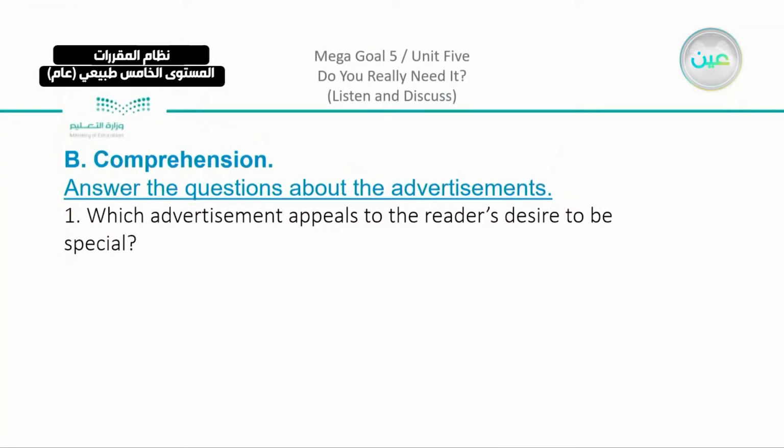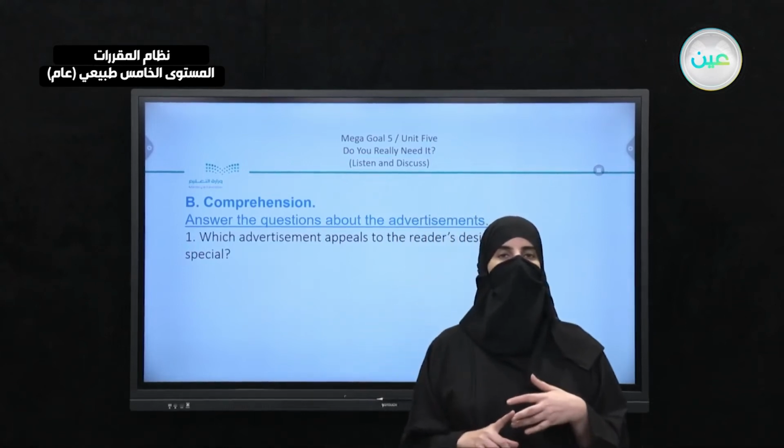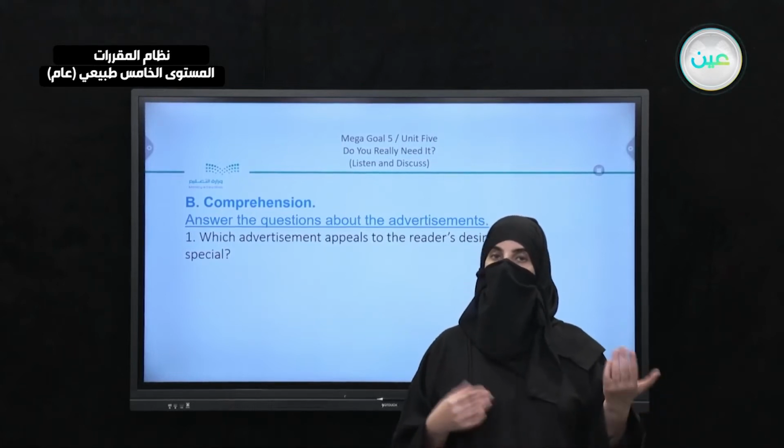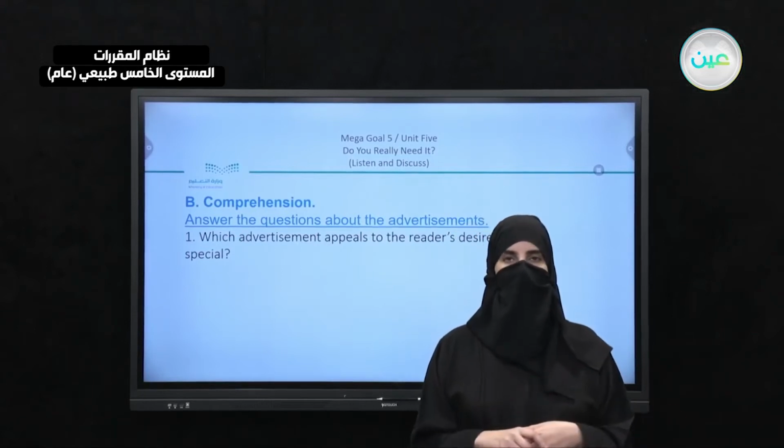Which advertisement appeals to the reader's desire to be special? If you recall, we had advertisements about a car, about water, about shampoo, about detergent, and the last one about sneakers.